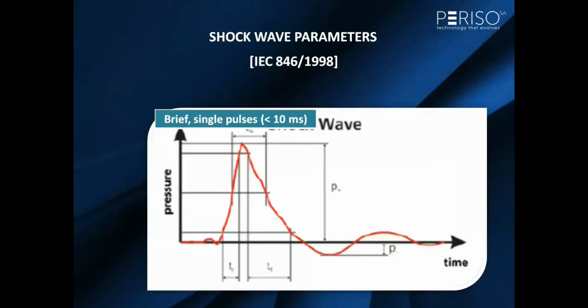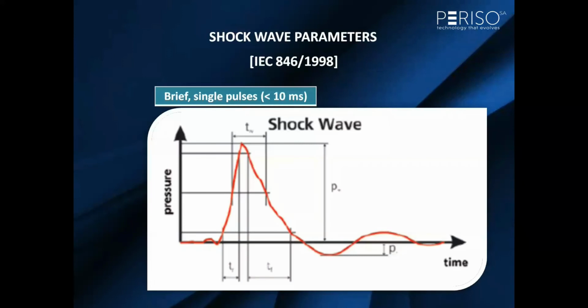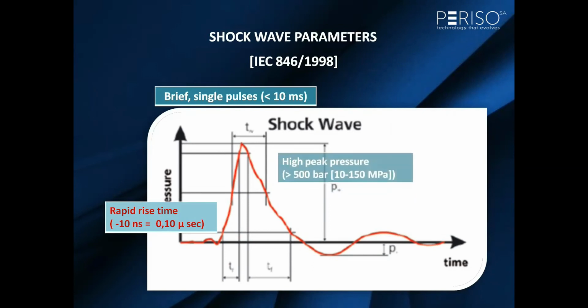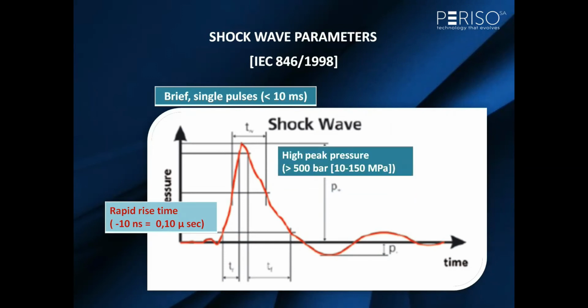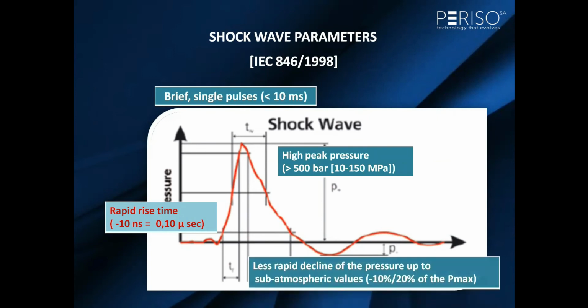Normally, shock waves are characterized by a brief single pulse with a rapid rise time, high peak pressure, and a less rapid decline to the subatmospheric values of the negative phase. As you can see, with CT shock wave we have the possibility to change the rise time.